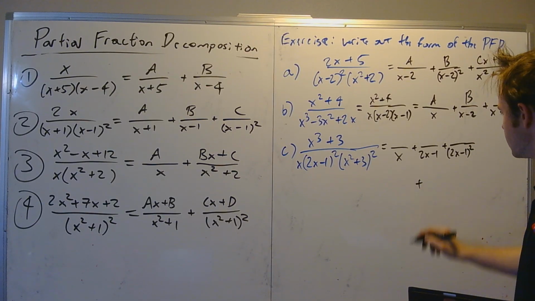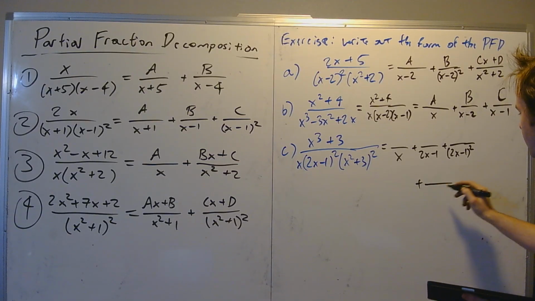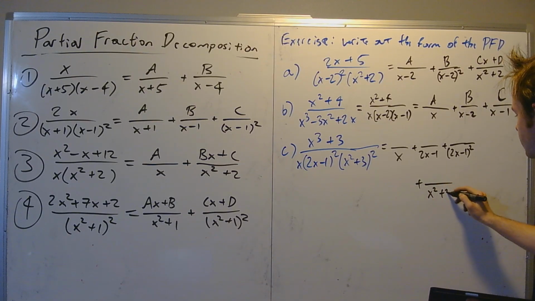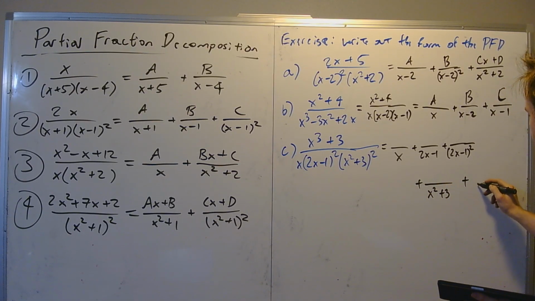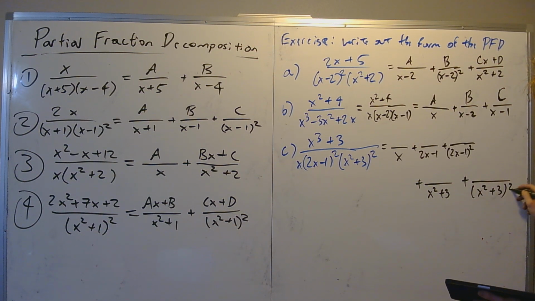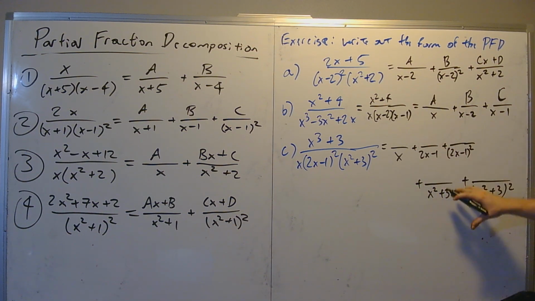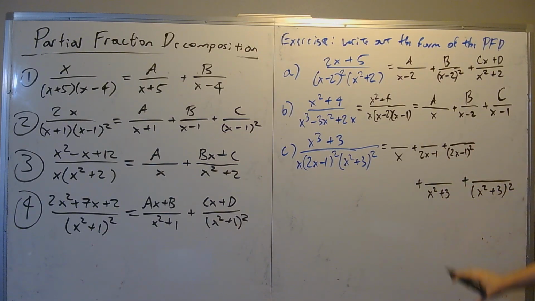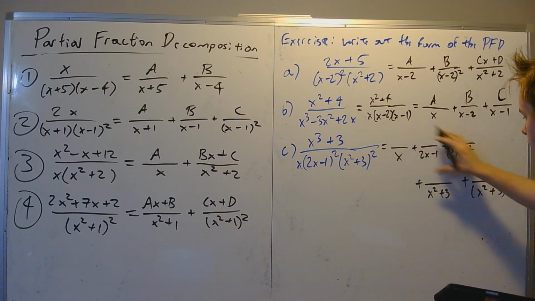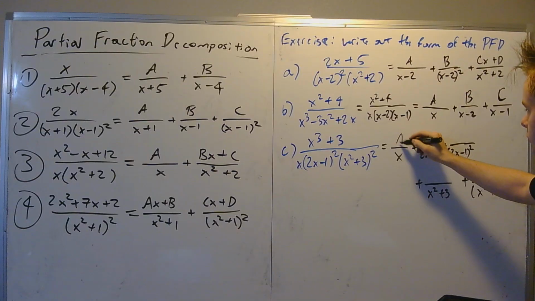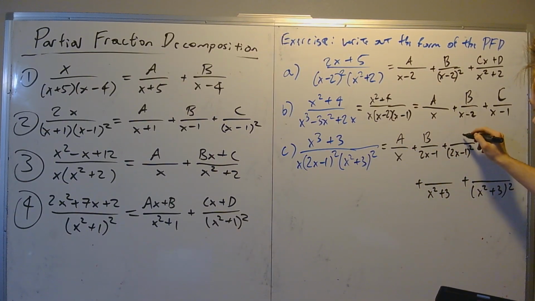And I'll just write here in a second line, plus we've got our x squared plus 3, and then plus we've also got that thing squared. Right, so we've got 5 terms, I've just had to break it into 2 lines here, and we just look at each term. So this is linear, this is linear, this is linear.